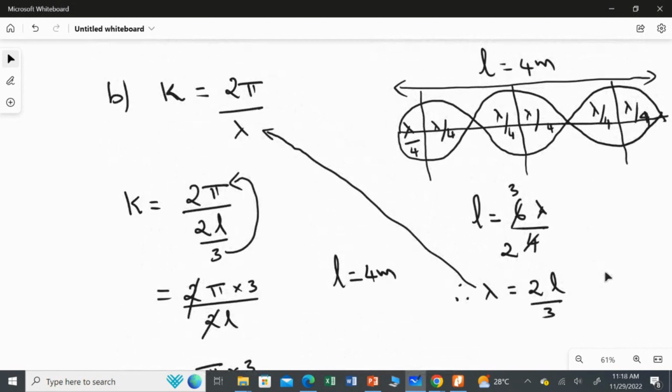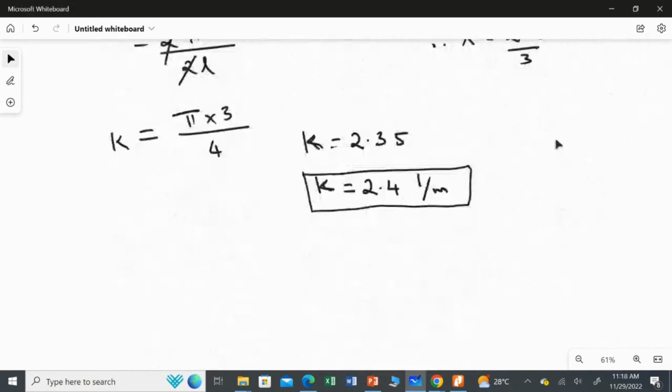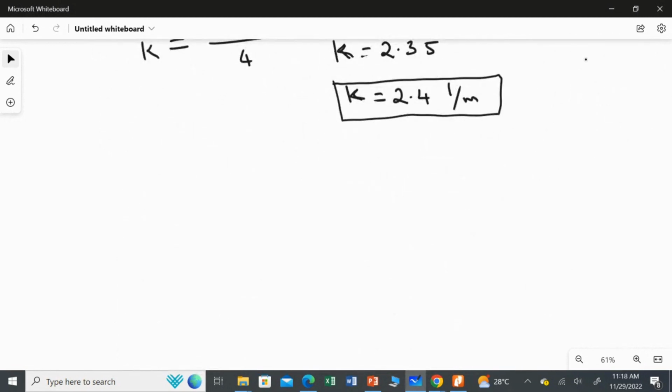Clear? Okay, now we have to go for the third question, angular frequency. What is the angular frequency? Omega, we have to identify from the equation. As we already use the relation.